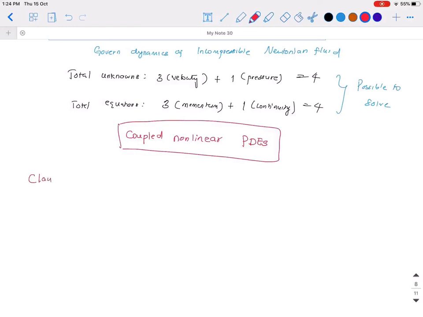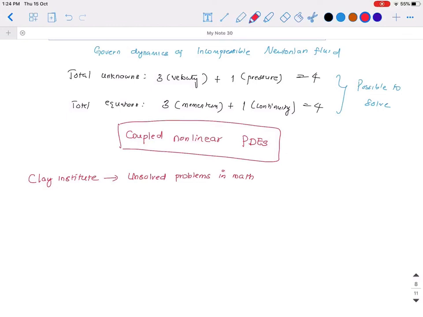There is something called the Clay Institute, an institute in the US. They published a number of unsolved problems in mathematics, and the Navier-Stokes equation is one of the unsolved problems in mathematics.